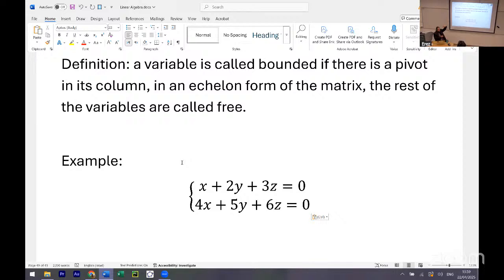There could be a column without a pivot even if there is no row of zeros, just because no pivot was on it.